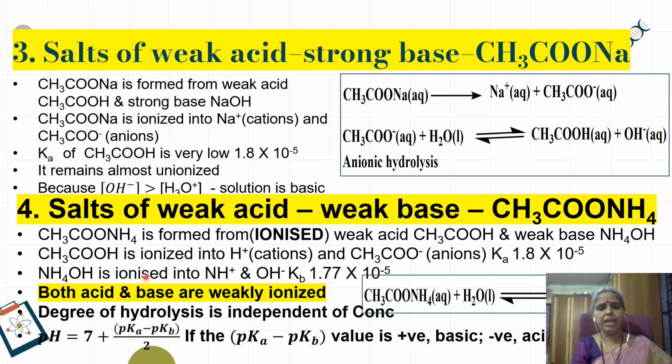Because they are not fully ionized, whether the resultant solution will be acidic or basic is controlled by this formula: 7 plus (pKa minus pKb) by 2, where pKa is the negative logarithmic value of the acid dissociation constant and pKb is that of the base. So if pKa minus pKb is positive, the solution is basic. If it is negative, the solution will be acidic. If it is 0, the solution will be neutral.